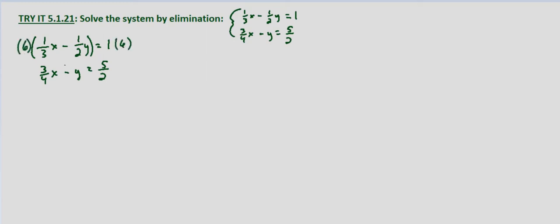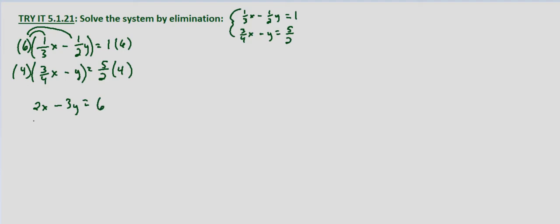With our second equation, we have a denominator of 4 and a denominator of 2. The least common multiple of those two numbers is 4. So we're going to multiply both sides of the equation by 4. So 6 times 1/3 is 2x, minus 6 times 1/2 is 3y, equals 1 times 6 is 6.